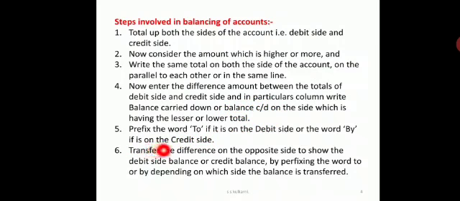Now after writing it in the respective ledger, that shortage becomes the opening balance for the next day or the next period. So it has to be transferred to the opposite side. If on the credit side you are writing "by balance carried down", then for the next period you should take it on the debit side stating "to balance brought down".